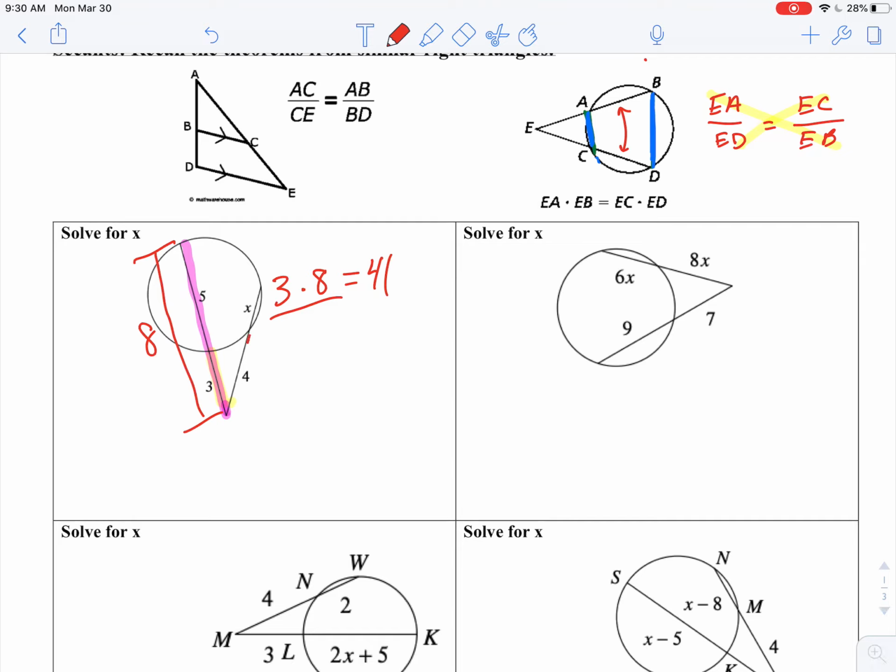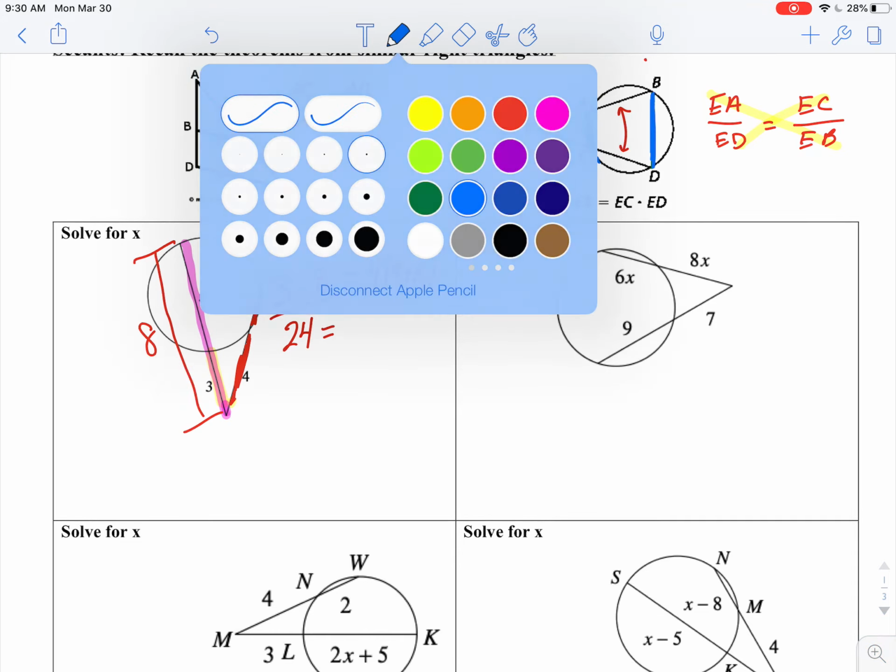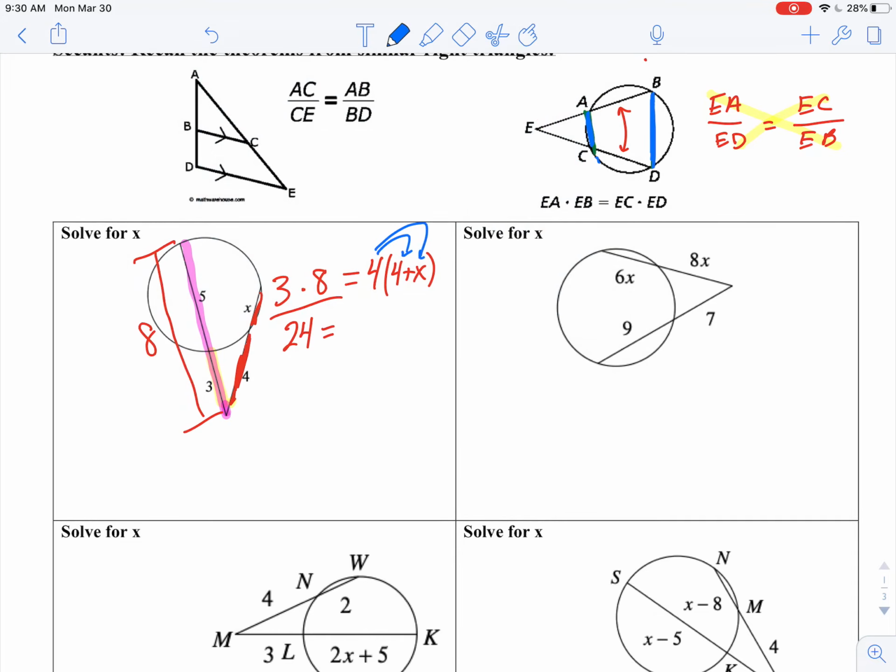I'll set that equal to 4 times the whole segment, 4 plus this other part x. So 24 equals, if I distribute here, 16 plus 4x. Now I'll solve for x. So 8 equals 4x. x is 2.